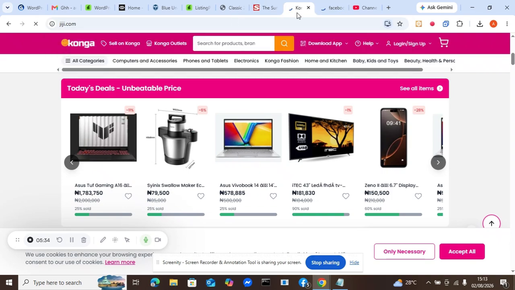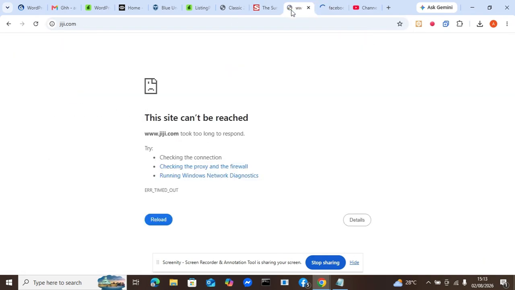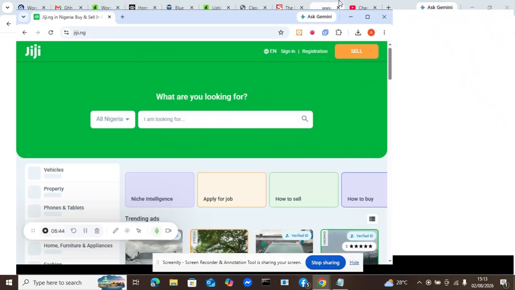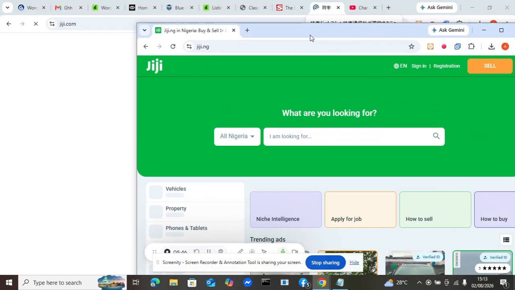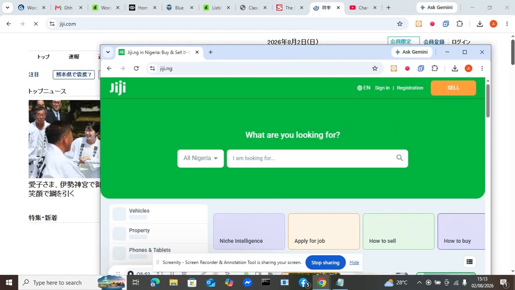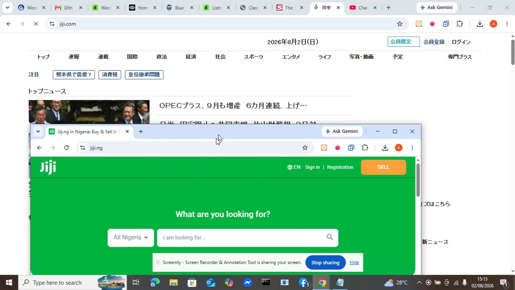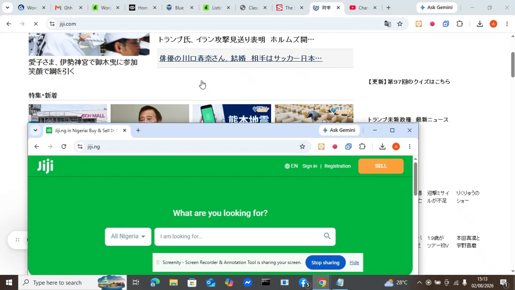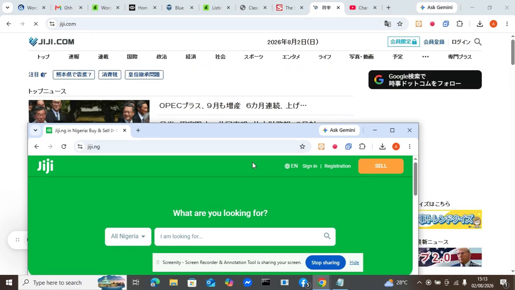One is a Chinese company, and the other is a Nigerian brand. This is the Gigi Nigerian brand, and this is Gigi Chinese. Same spelling, the only difference is just the extension.